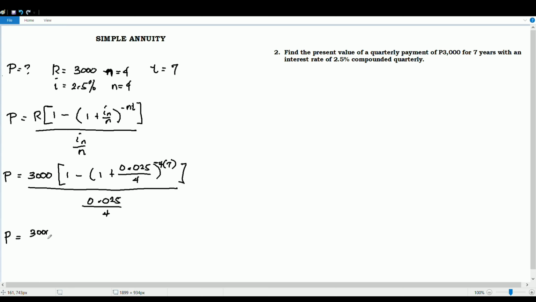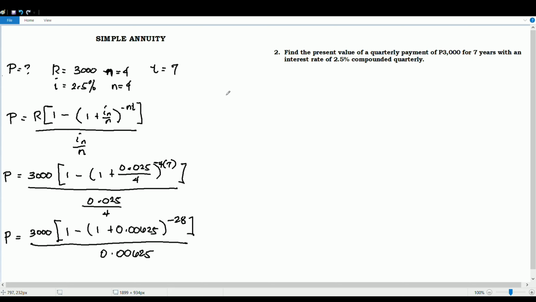So we have 3,000 multiplied by 1 minus 1 plus 0.025 divided by 4, which is the same as 0.00625, raised to negative 28, over 0.00625.